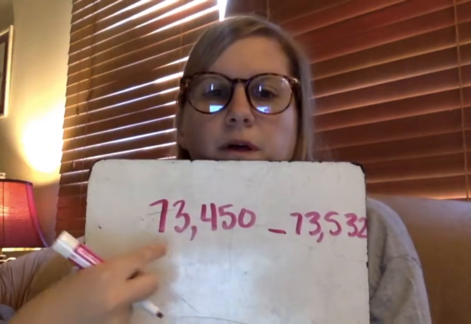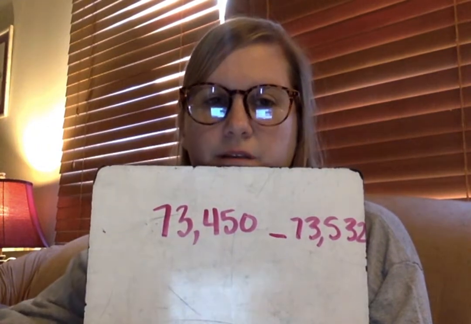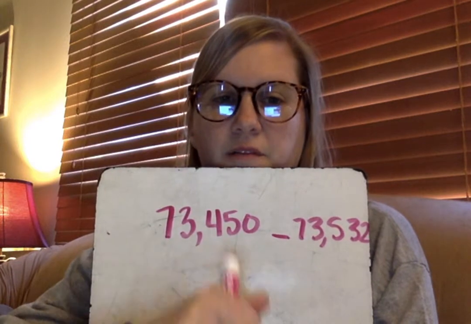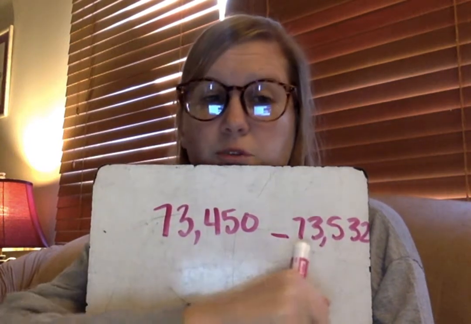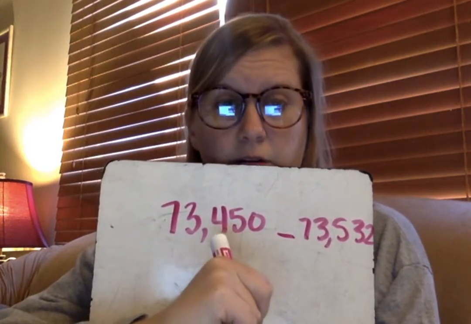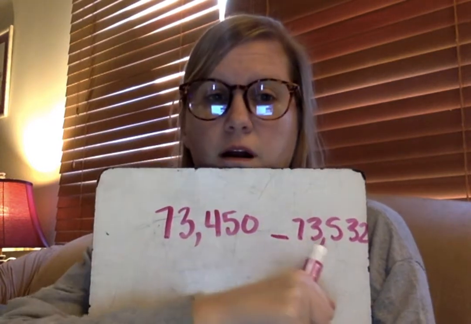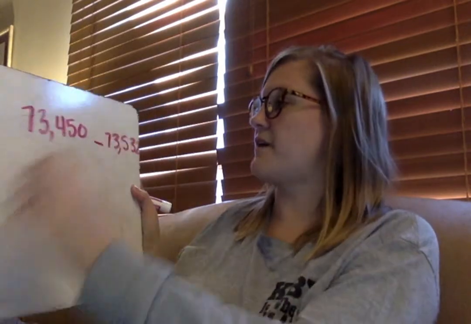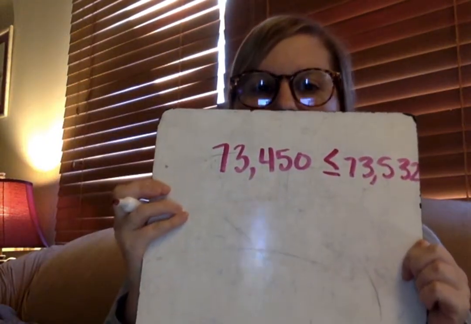All right, so to look in the 10,000s place, they both have a 7. Same thing, 3 in the thousands. If I go to the hundreds, I have a 4 and a 5. So I know 400 is less than 500, so I would say the symbol would be less than.